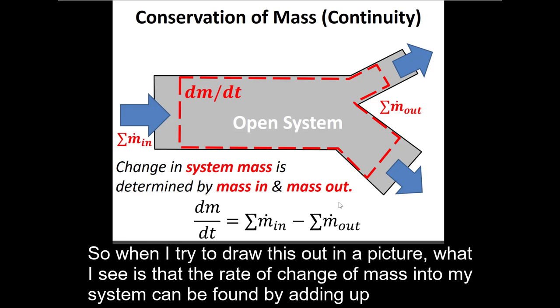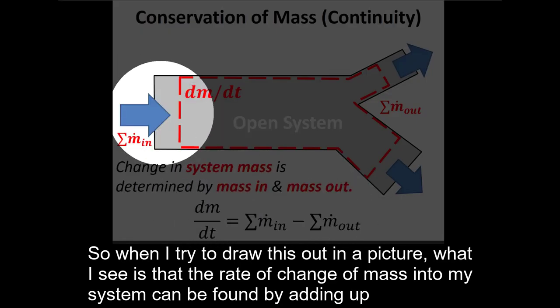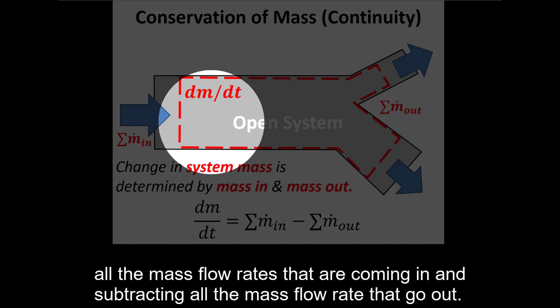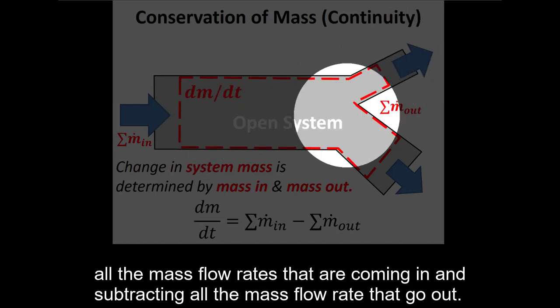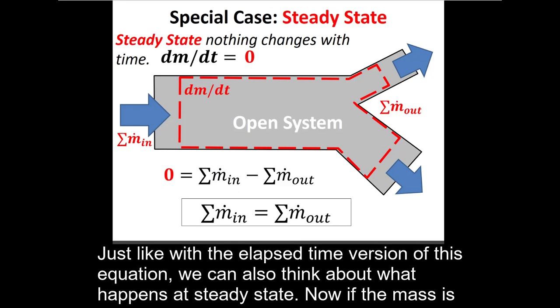So when I try to draw this out in a picture, what I see is that the rate of change of mass into my system can be found by adding up all the mass flow rates that are coming in and subtracting all the mass flow rates that go out. Just like with the elapsed time version of this equation, we can also think about what happens at steady state.